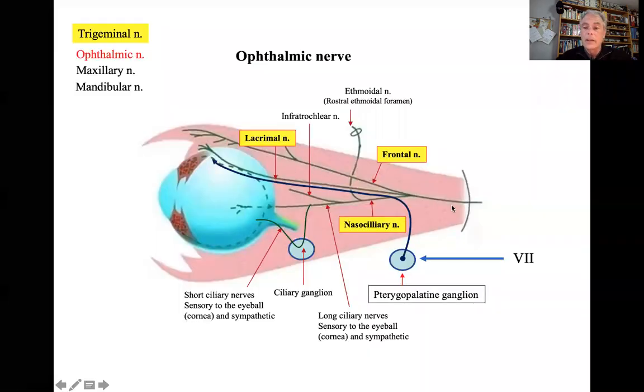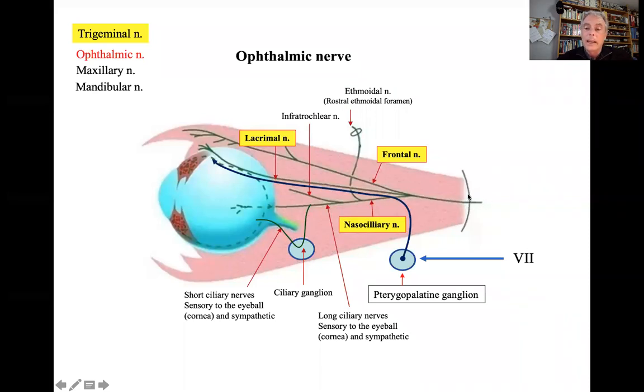So the ophthalmic nerve enters the periorbita at the level of the orbital fissure. Once inside, it is going to branch off into 3 nerves. One is the frontal nerve that runs rostrally and is sensory for the upper eyelid. Then we have the lacrimal nerve.